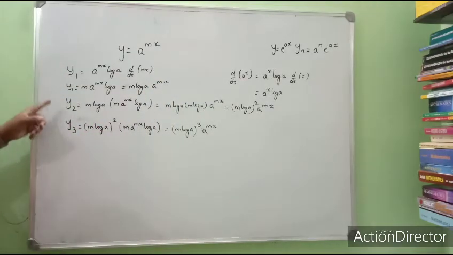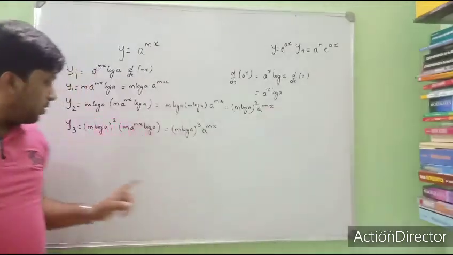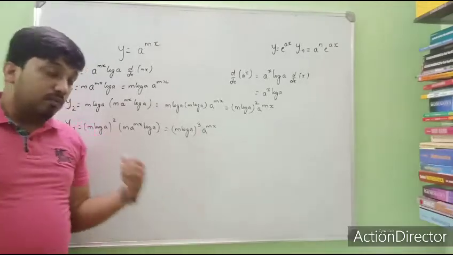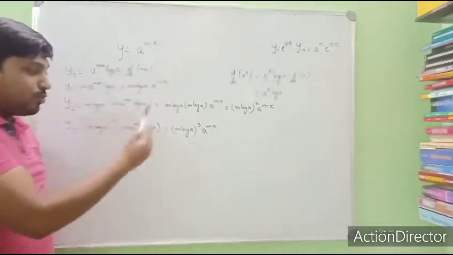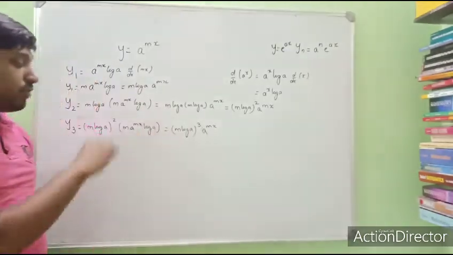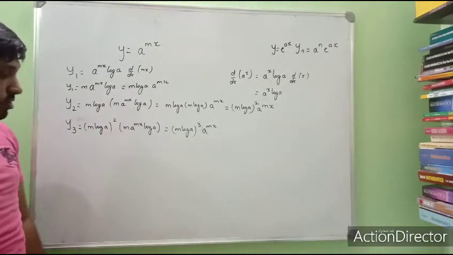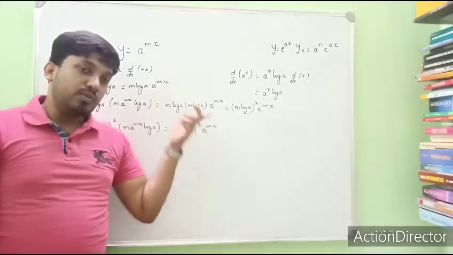So y2 is m log a square into a to the power of mx. y3 is m log a cube into a to the power of mx. y4, if you differentiate this again, you will be getting m log a to the power of 4 into a to the power of mx. If you differentiate again, with 5 successive differentiations, you will be getting m log a to the power of 5 into a to the power of mx.